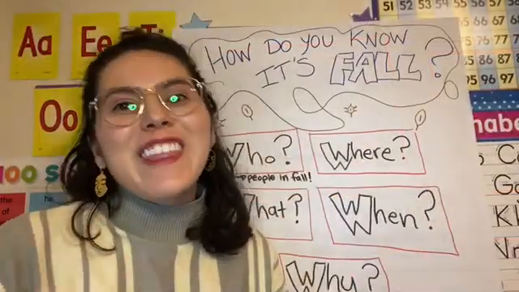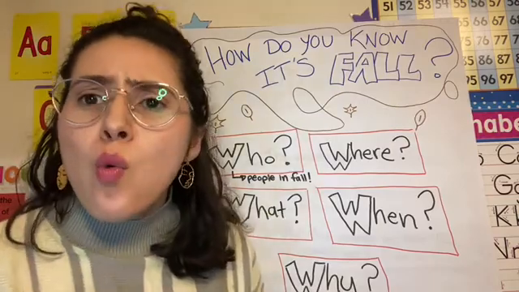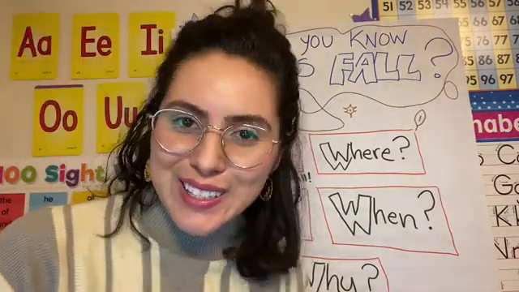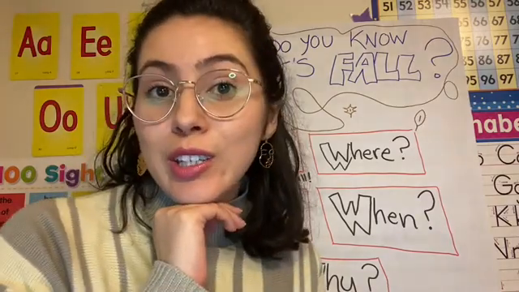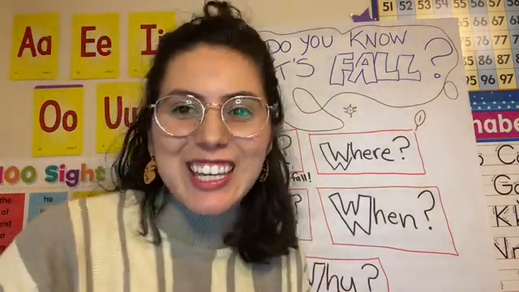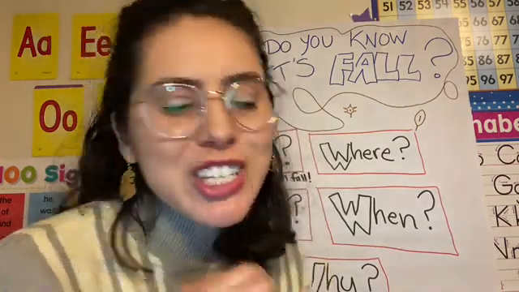So we know that this book is about people in fall. Now, what is this book about? This one's easy. What is this book about? Go ahead and tell me in 3, 2. Not bad. This book, just like you were saying, probably, I can't actually hear you because it's a video, but I appreciate you watching.